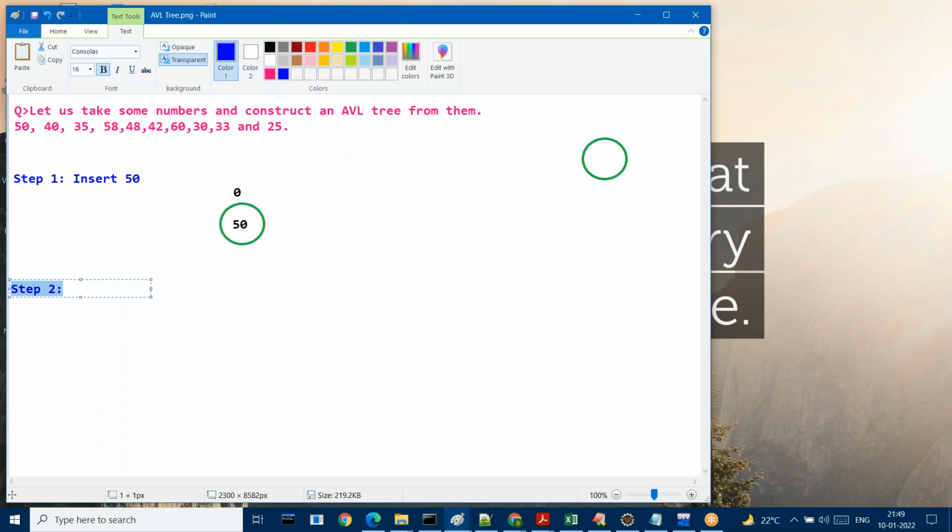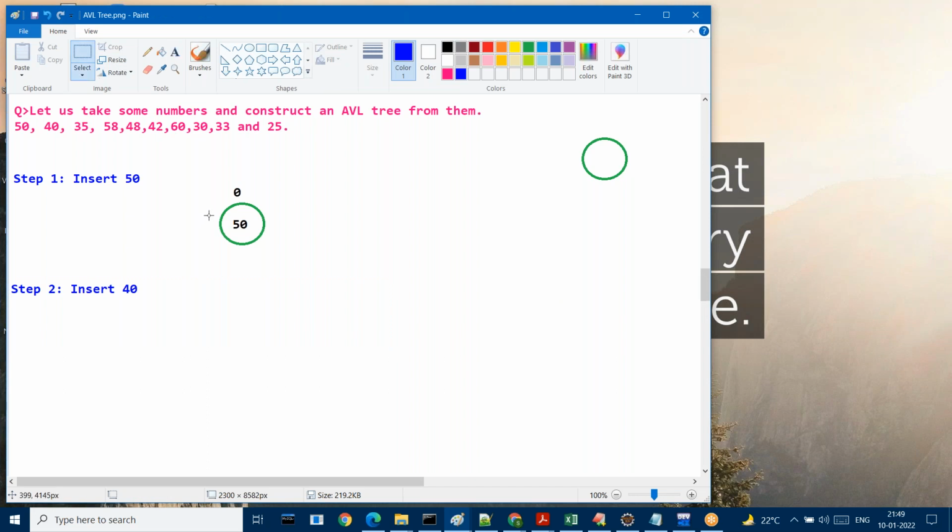Sir, step number 2. Be ready to give the answer, okay? Step number 2. Sir, insert 40. Remember, guys, sir said binary search tree type of insertion, the same process of binary search tree insertion. Tell me, students. So in step 2, will I insert 40 to the left of 50 or to the right of 50?